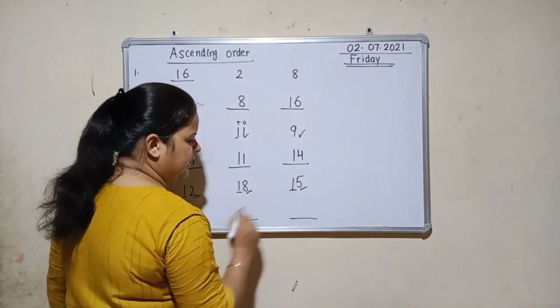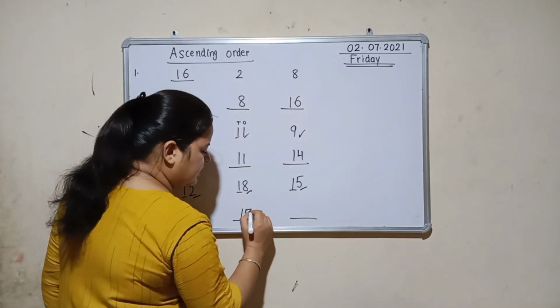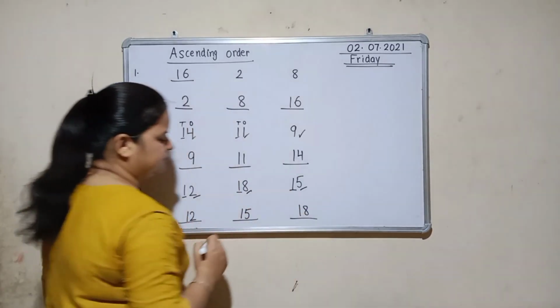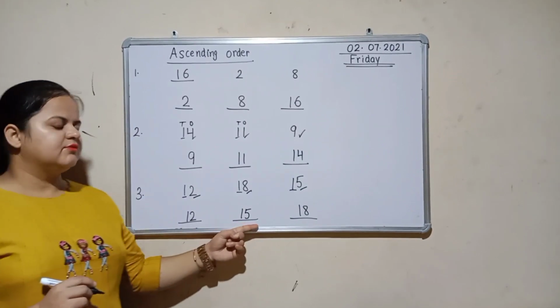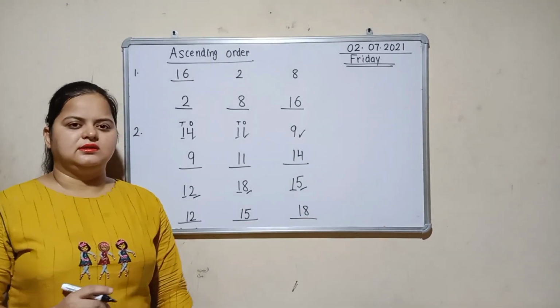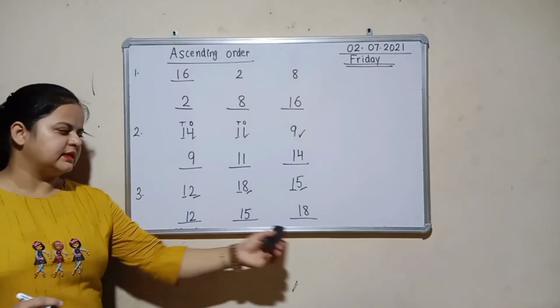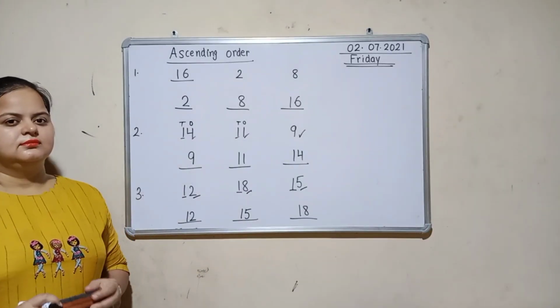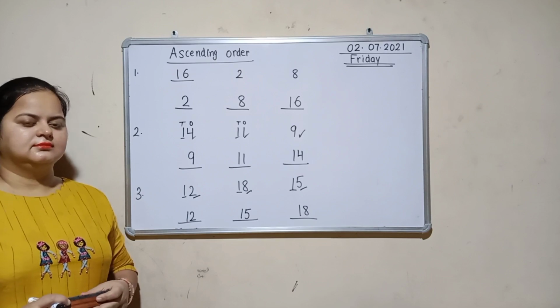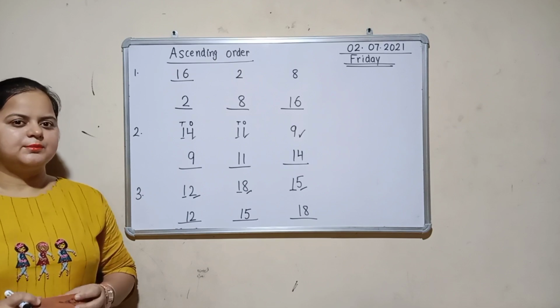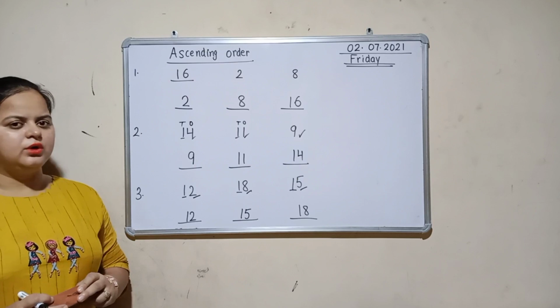We will write it in the last and 15 in the middle. 12, 15 and 18. This is the correct sequence for the ascending order. Yes, done. Do it quickly.